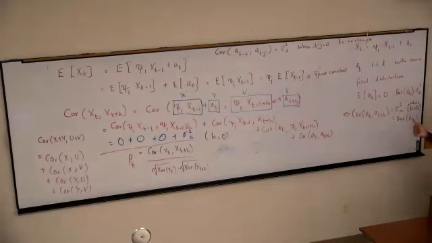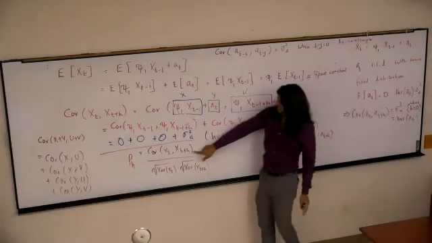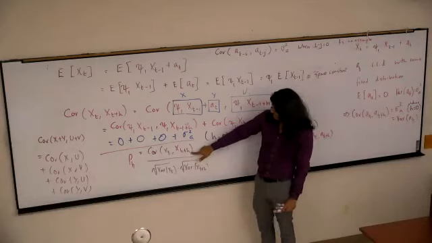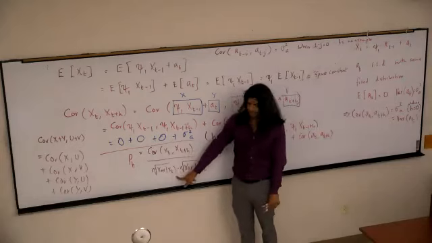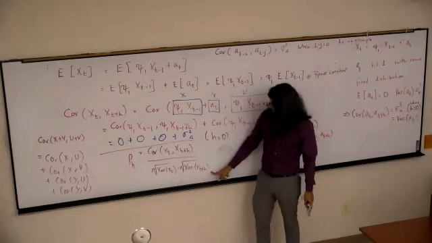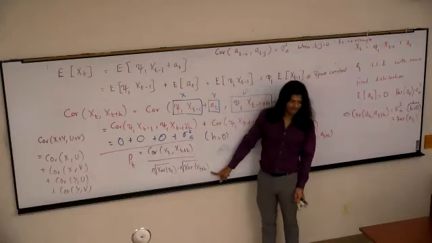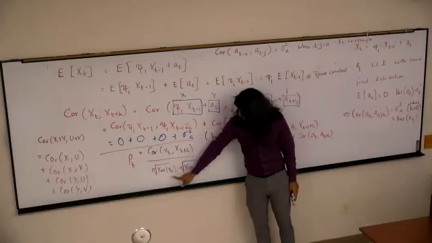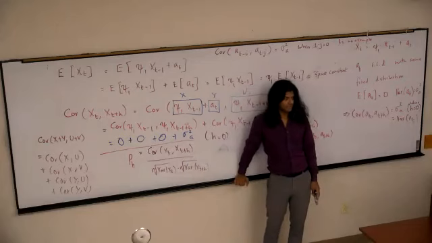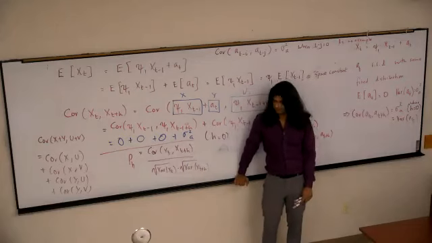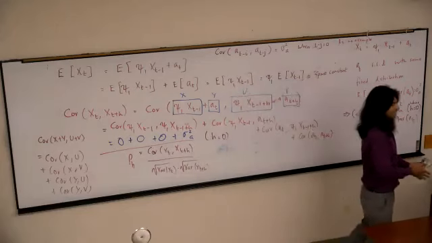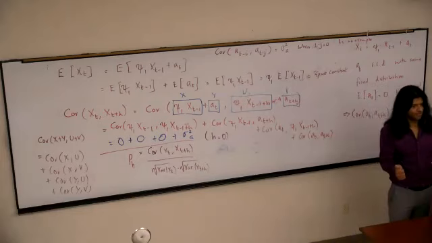Okay. If this is 0, then I would have variance of xt, square root of variance of xt. Denominator would simply be variance of xt. Do we agree? If h is 0, numerator will simply be covariance of xt, comma xt. Good.